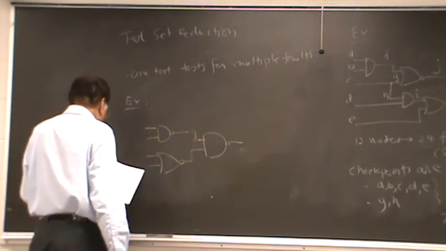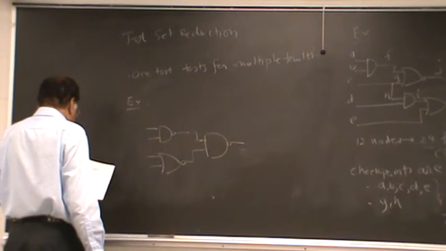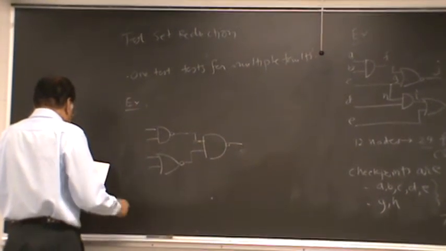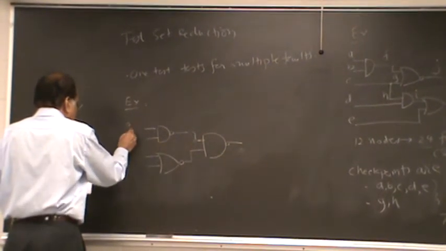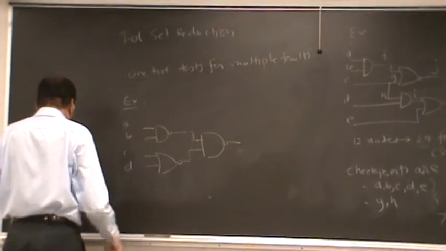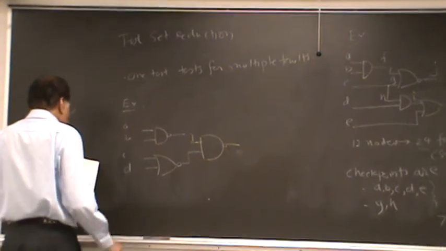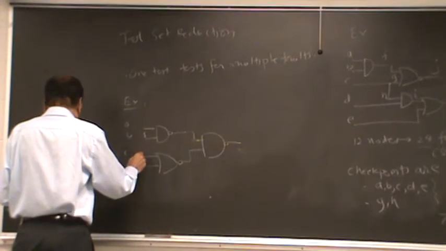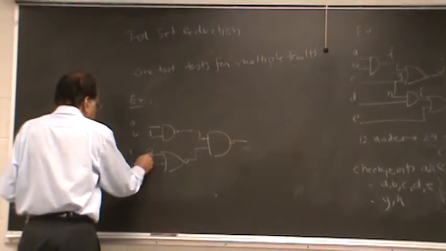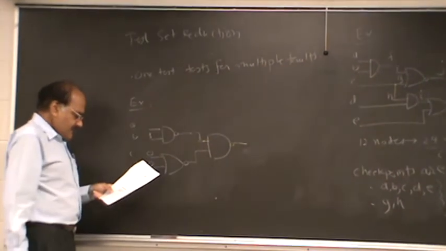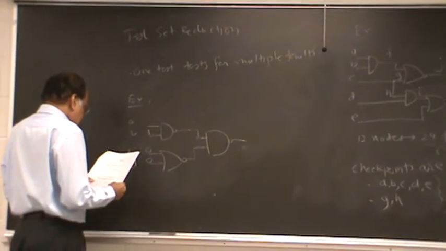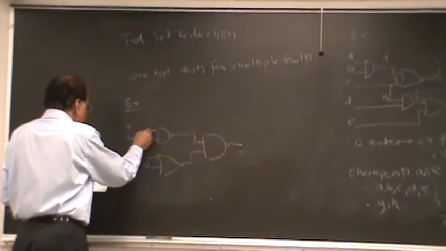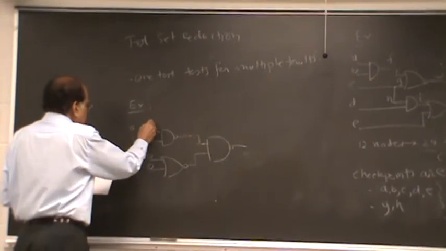If we apply, let us say, here we have inputs A, B, C, D, and let us assume that we have a 1 here, a 0 here, and a 0 here. And let us assume that we have a D coming here.